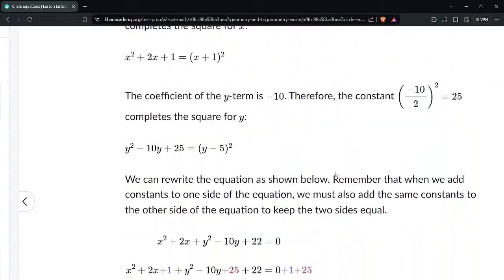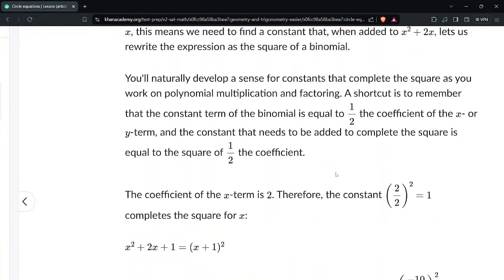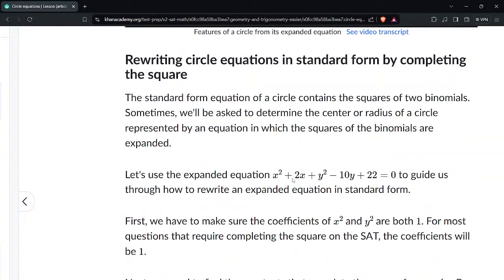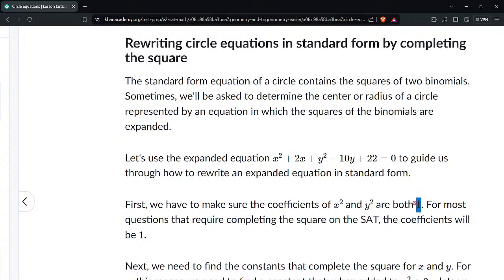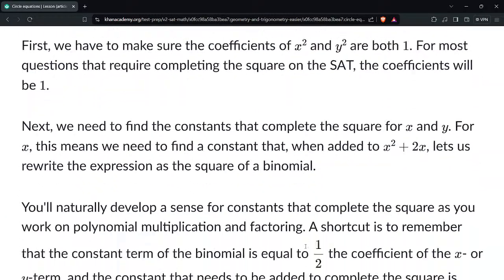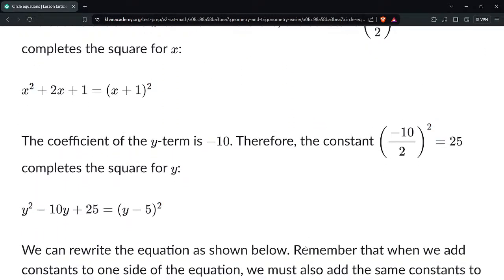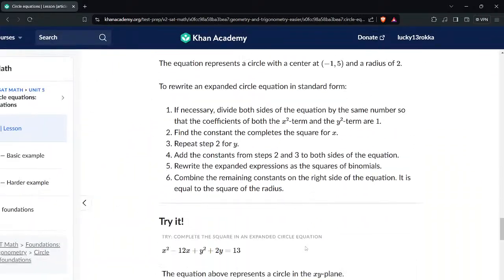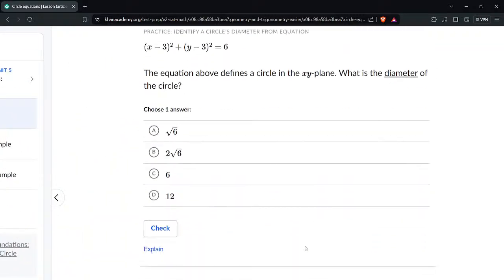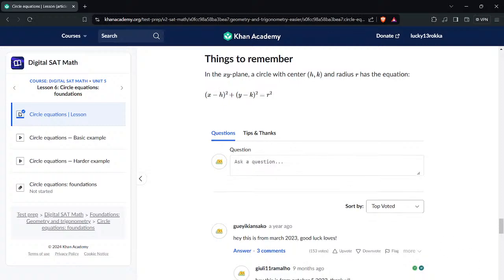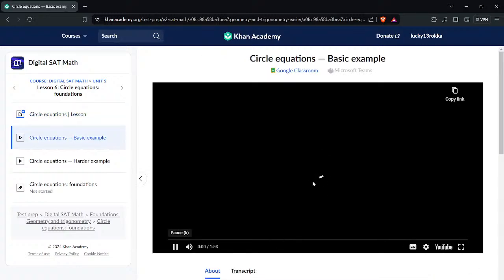Now completing the square, brother, I'm not doing this. What's a standard circle?